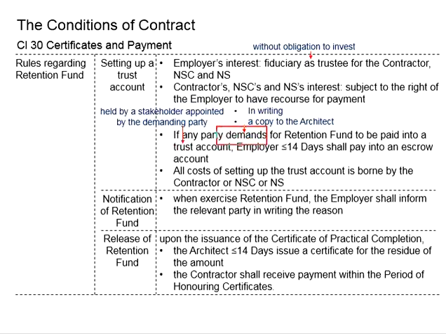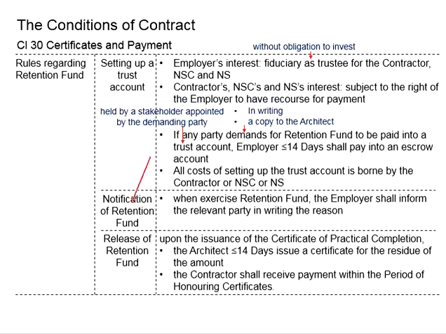However, this demand will need to be sent in writing, with a copy sent to the architect, so that the architect is aware of the location of the money. Now, if this trust account is applied, all the costs of setting up the trust account shall be borne by the contractor or NSC or NS. That means the requesting party will have to bear the cost for setting up the trust account.